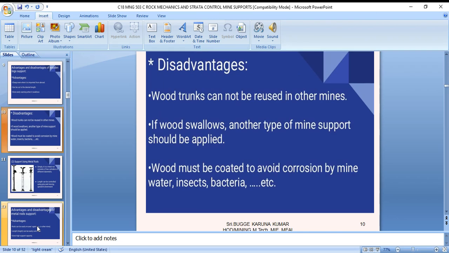Designed wooden trunks cannot be reused in other mines. If so, another type of mine support should be applied.